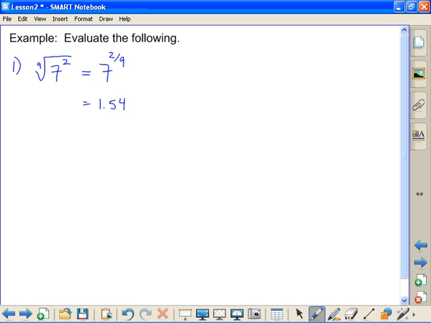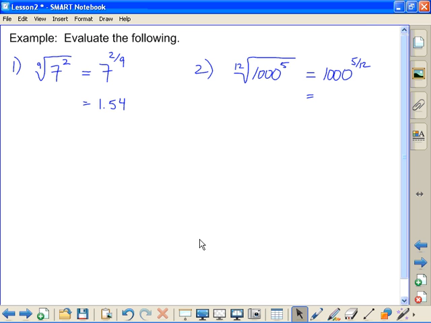All right, second one. Let's go with the 12th root of 1,000 to the 5th. So again, you need to be able to rewrite it in order to use the calculator. 5/12.